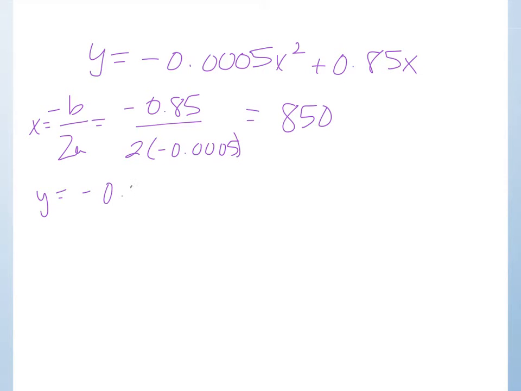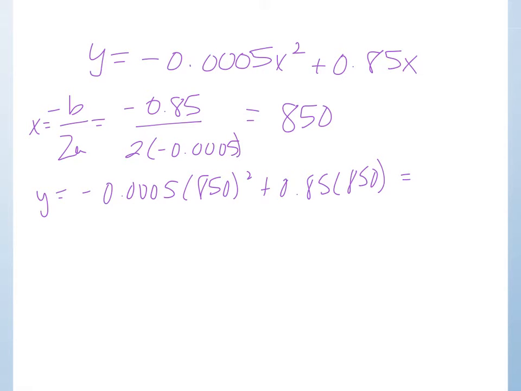So if that's 850, then to find the y, I would substitute. So negative 0.0005 times 850 squared plus 0.85 times 850. I'm going to do that all in the calculator. So here we go. 850 squared times negative 0.0005.